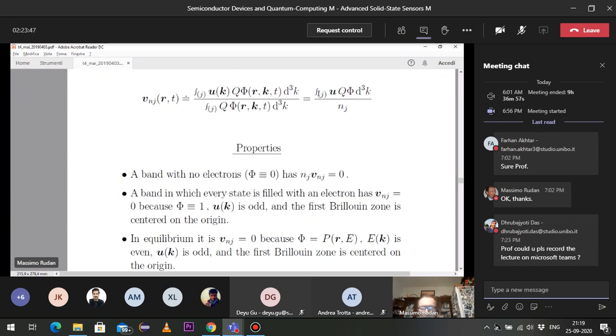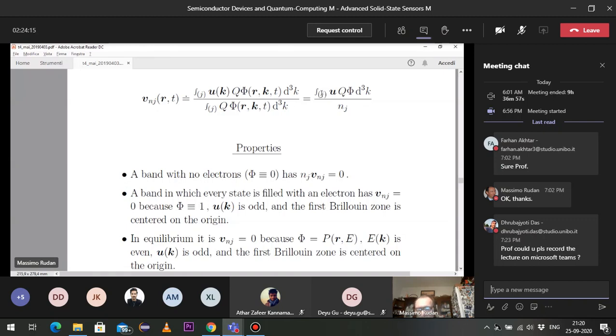Since you are performing the integration over the Brillouin zone, and the Brillouin zone is centered in the origin and is symmetric with respect to the origin, when you integrate a function that is odd over a symmetric interval, you obtain 0.